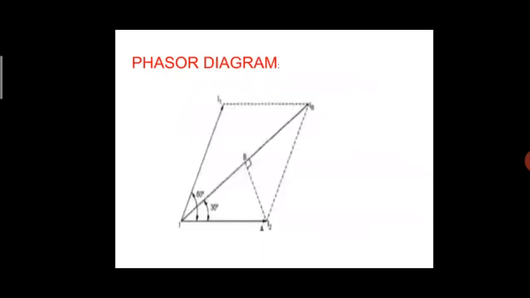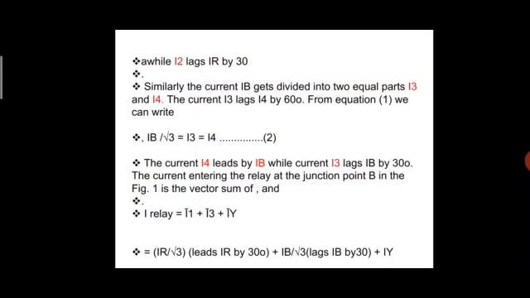Phasor diagram. I1 and I2 are 60 degrees apart in phase, and I1 is 30 degrees from IR, while I2 lags IR by 30 degrees. Similarly, the current IB gets divided into two equal parts, I3 and I4. The current I3 lags I4 by 60 degrees.